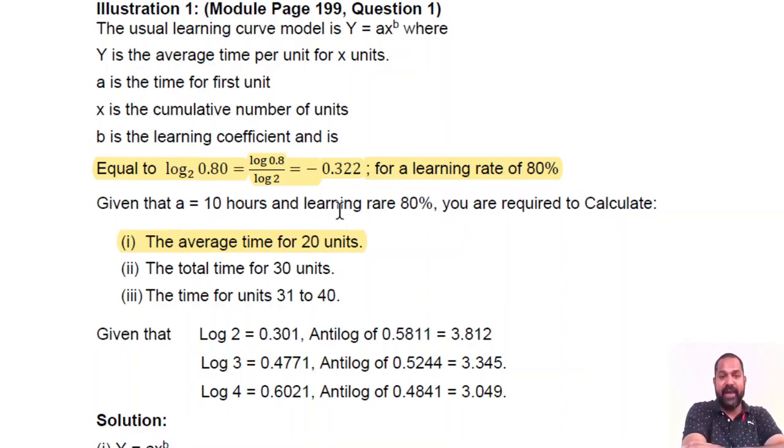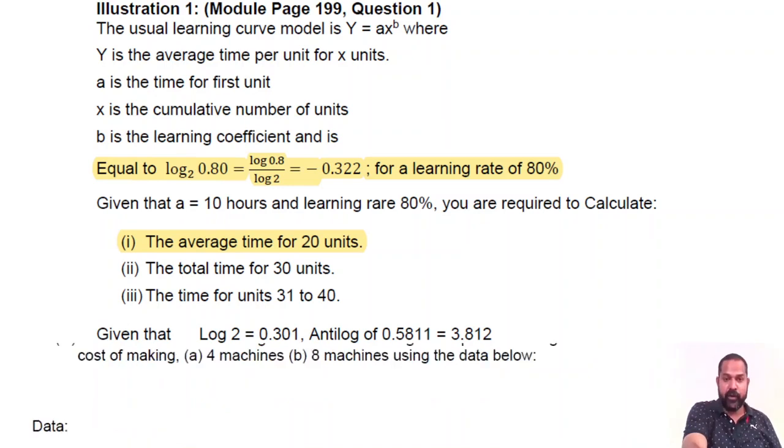Given that a is 10 hours and the learning rate is 80%, you are required to calculate the average time for 20 units. Isn't that easy now? The average time for 30 units, the total time for 30 units, and the time taken for 31 to 40 units.